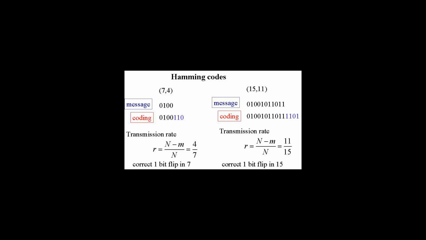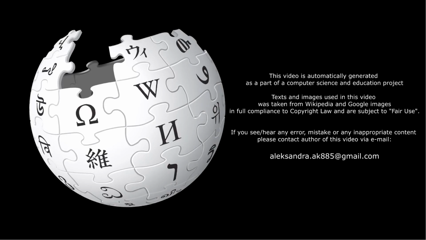Thus H is a matrix whose left side is all of the non-zero m-tuples where order of the m-tuples in the columns of the matrix does not matter. The right-hand side is just the n-k identity matrix. So G can be obtained from H by taking the transpose of the left-hand side of H with the k identity matrix on the left-hand side of G.